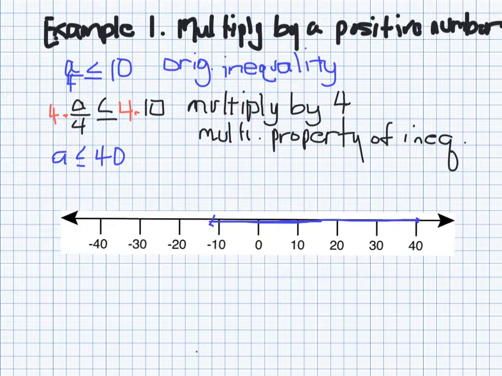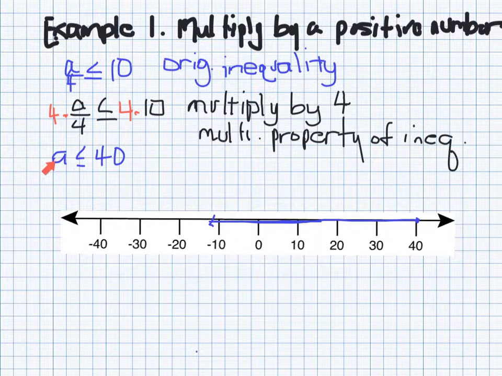So here we have another example. We have a over 4 is less than or equal to 10. That's our original inequality. We're going to multiply both sides by 4 to get rid of the 4 in the denominator, using the multiplication property of inequality.